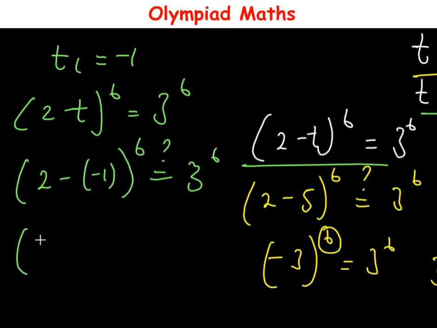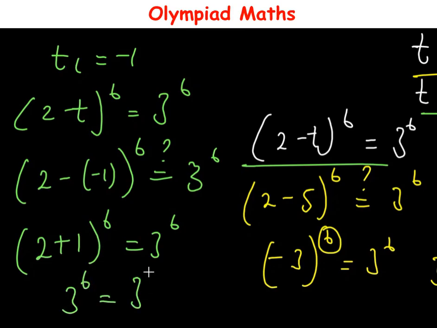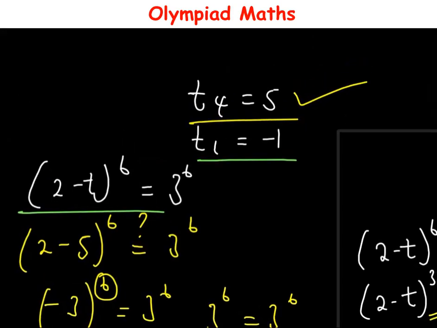From here, in bracket 2, minus times minus is plus, then we have 1 all raised to the power 6. Obviously, 2 plus 1 is 3, all raised to the power 6, this equals 3 raised to the power 6. So that means that the value of t1 that we got is also the correct solution.